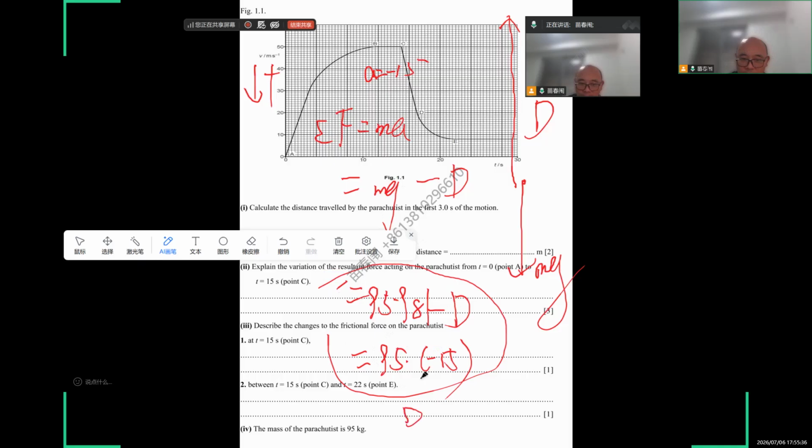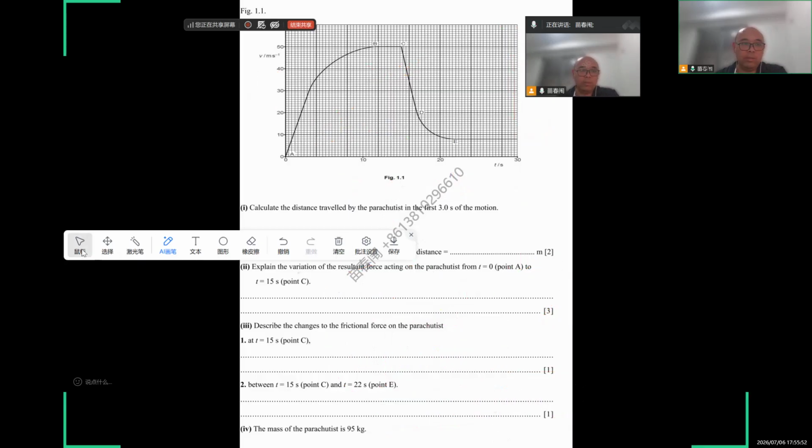So d, changing to the other side, is going to be 95 times 9.81 plus that 15. I've got a common factor. So this is going to be my drag, the frictional part. Be careful with that negative sign, otherwise you have a different answer. That's why negative and positive is important. This is positive, so if you have a direction upward, I'm going to say you are negative.